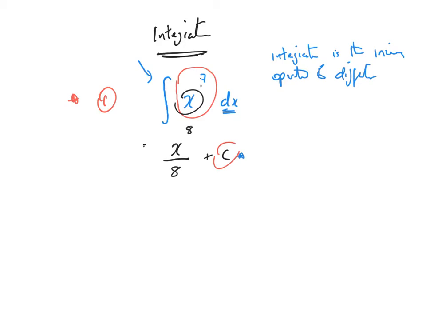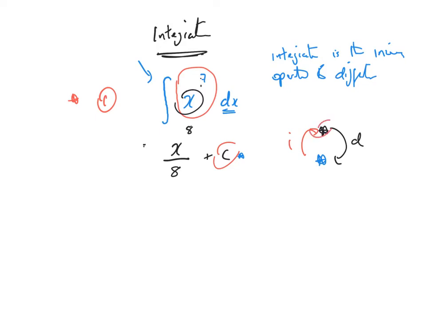What I mean by that is if you've got a function and you differentiate it, whatever you get, if you then take that answer and integrate it, it will bring you back to the start. So it's like the opposite operation.